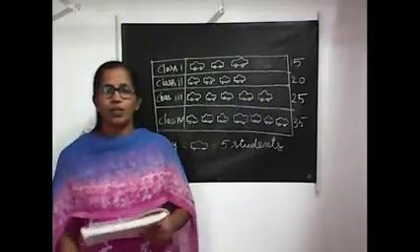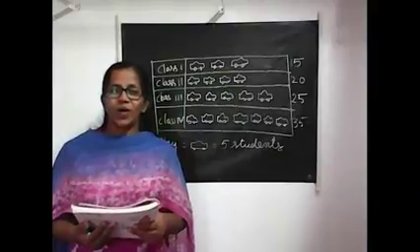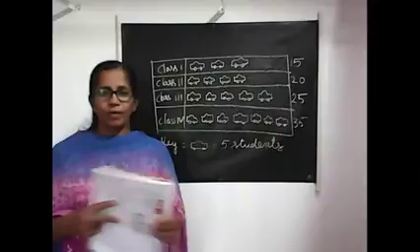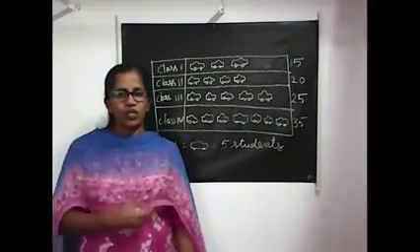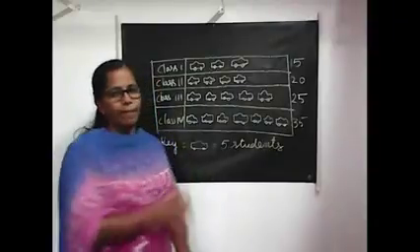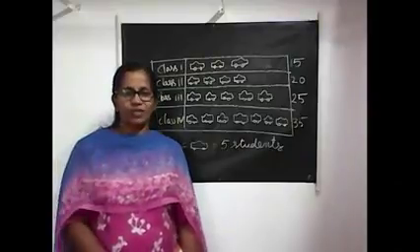Yes, the representation of data by pictures is called a pictograph. Right? Then two types of questions. One question, they did not give any key. Second question, by using the key. You have to answer the simple questions they asked. I think it will be easy for you. Study these two questions only.